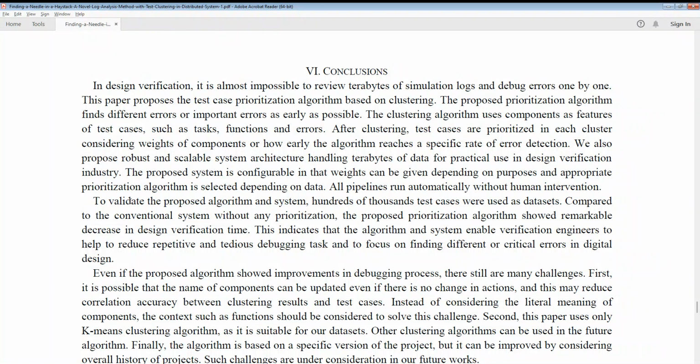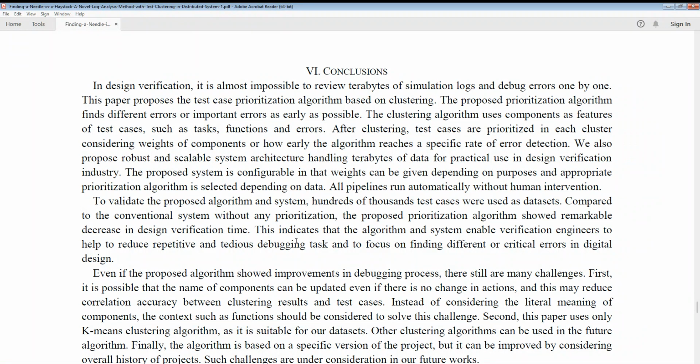To validate the proposed algorithm and system, hundreds of thousands of test cases were used as data sets, compared to the conventional system without any prioritization. The proposed prioritization algorithms showed a remarkable decrease in design verification time.